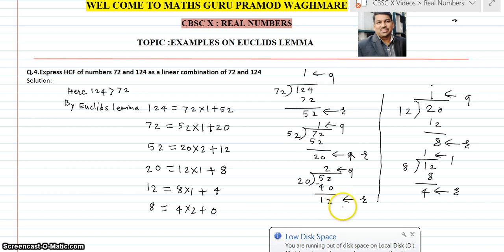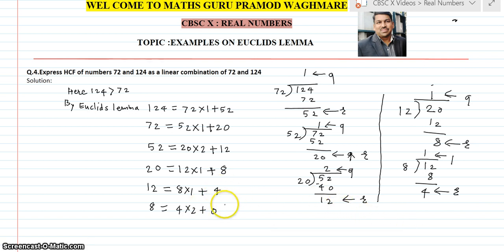So here obviously the remainder is 0. So we get the HCF as 4. So the HCF of 8 and 4 is 4.